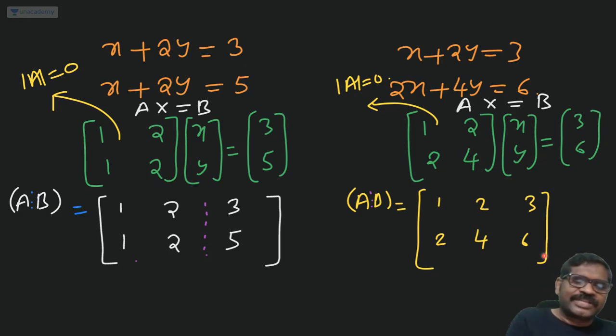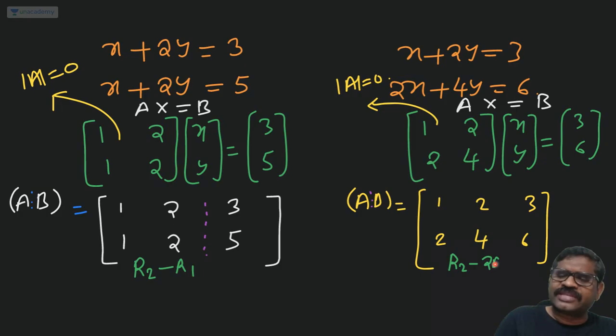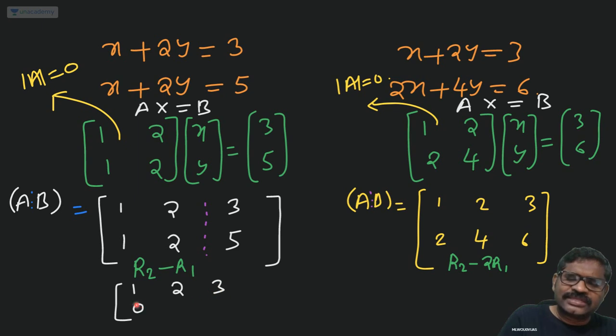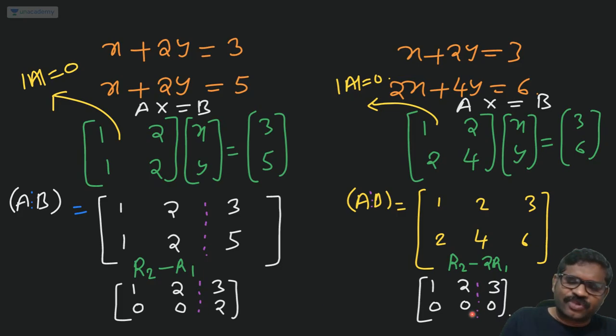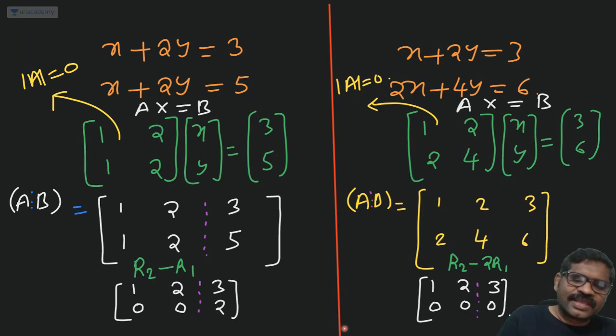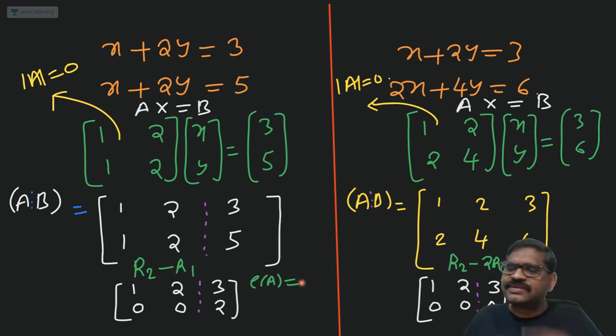Now apply the operations: R2 minus R1 here, and R2 minus 2R1 here. Observe: 1, 2, 3, 0, 0, 2 here, and 1, 2, 3, 0, 0, 0 here. Observe the left side matrix. What is rank of A? 1.